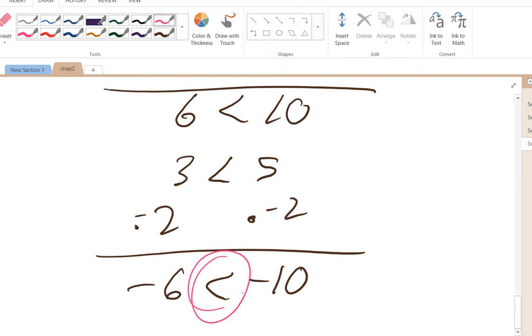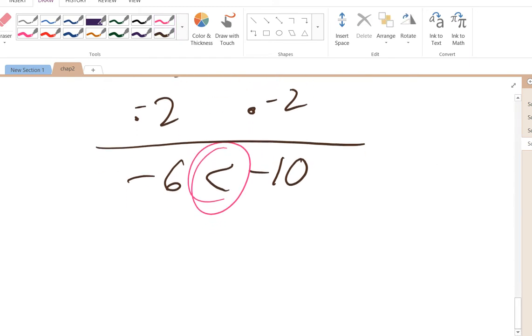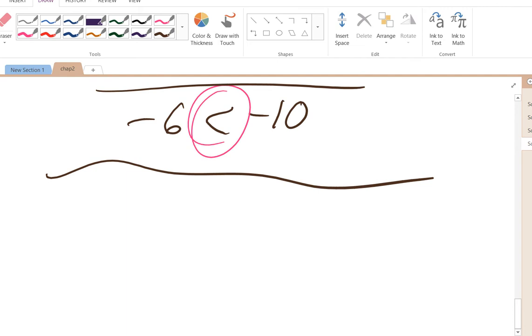So when you're solving these inequalities and you're zipping along, Sunday night, Sunday morning, whenever you're doing it, and you multiply or divide by a negative, you have to flip the sign around. So let's do an example of that.